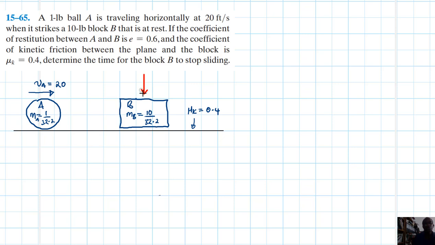We have the weight and the normal force, and once the block is hit, it tends to move in this direction, so you expect friction in the opposite direction. This is Fk, which is equal to mu k NB, which is 0.4 NB. This is NB, and this is WB, which is equal to 10. I think we have all this information.